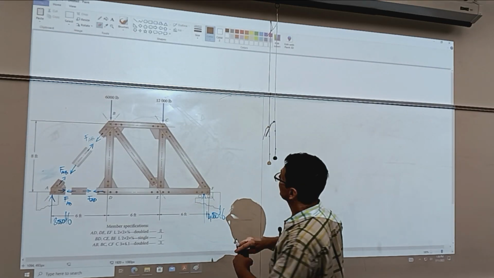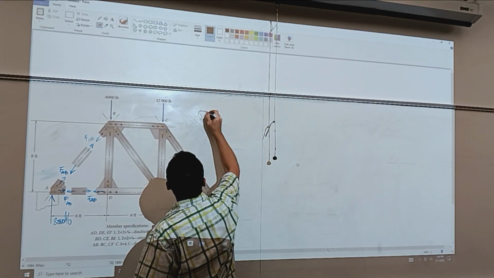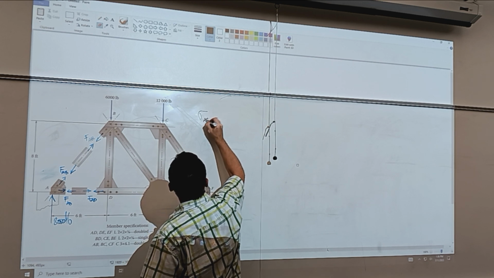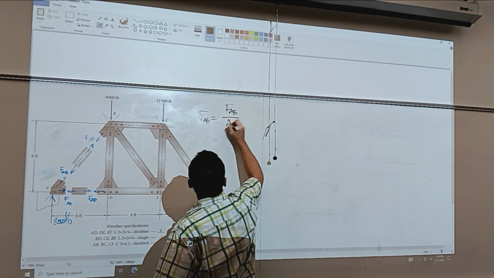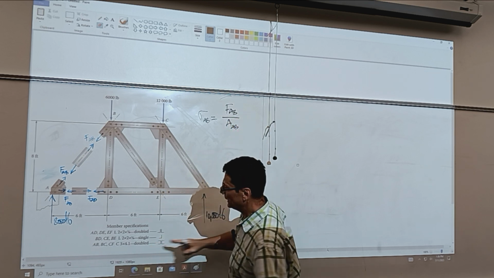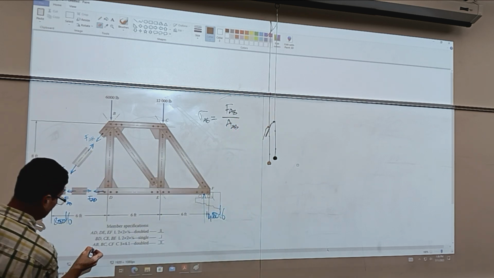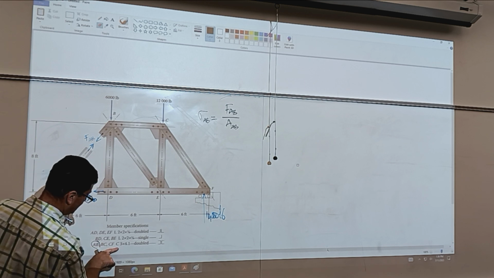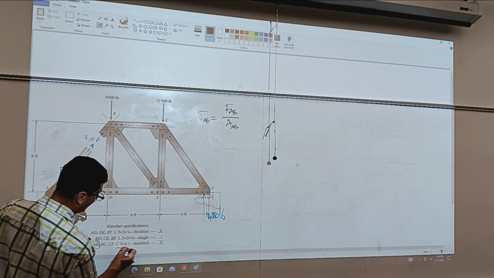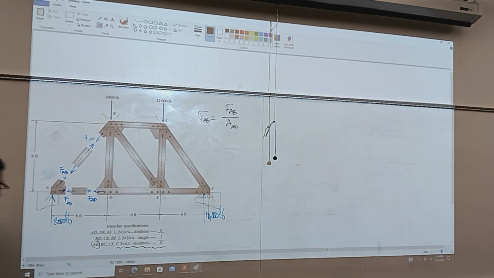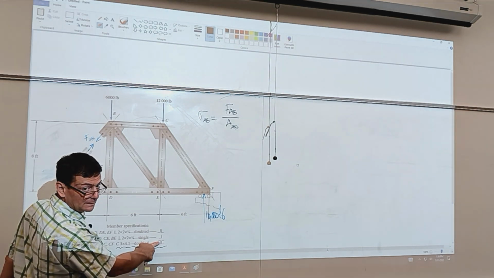So we can calculate the stress in link AB, sigma in link AB, as being FAB divided by the area of AB. Here it says AB is a C3 by 4.1, and it's doubled. So two C channels back to back, like a fabricated I-beam.